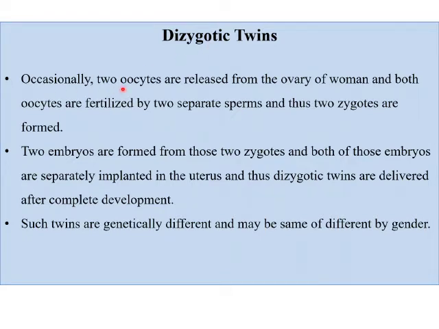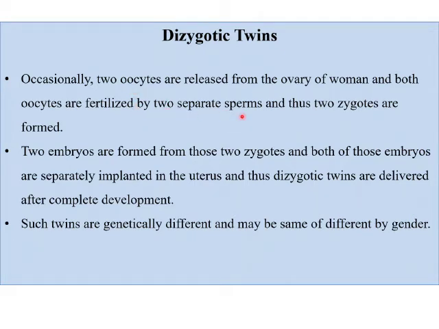Occasionally two oocytes are released from the ovary of a woman, and both oocytes are fertilized by two separate sperms, and thus two zygotes are formed. This is a rare possibility, where instead of one oocyte, two egg cells are released from the ovary, and these two oocytes are then fertilized by two different sperms.